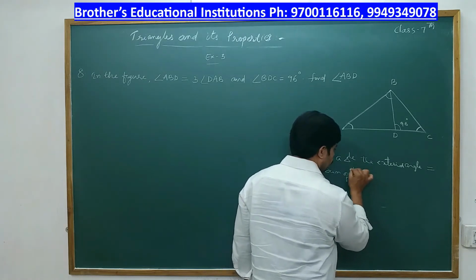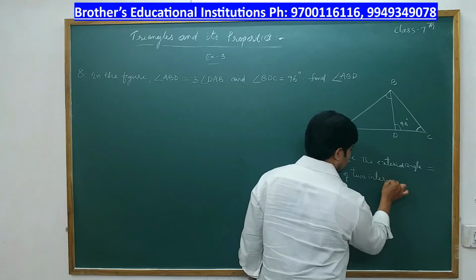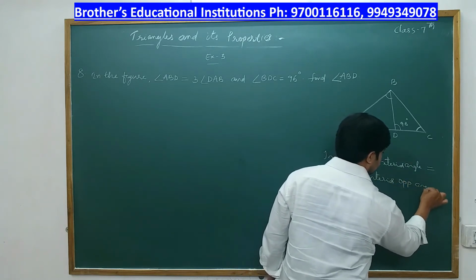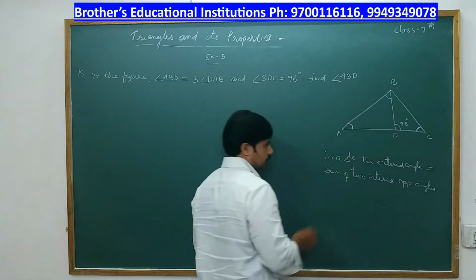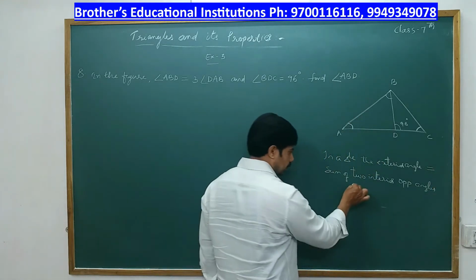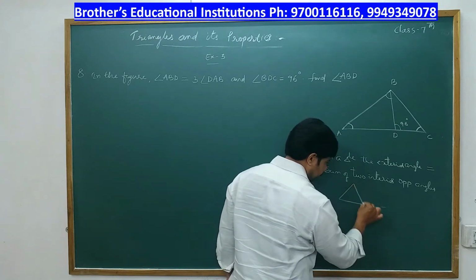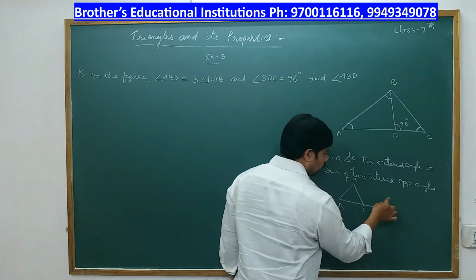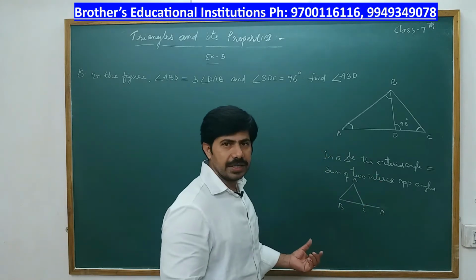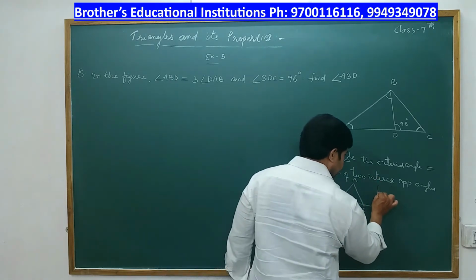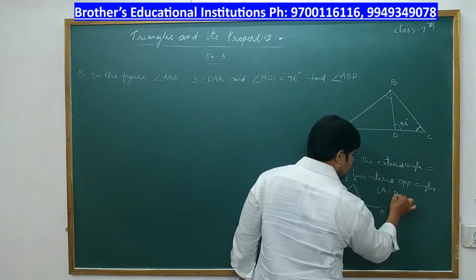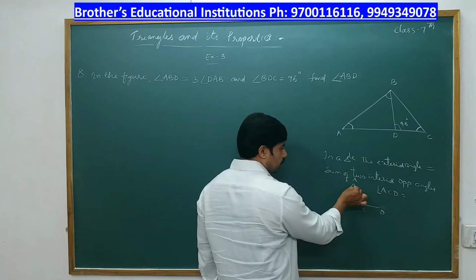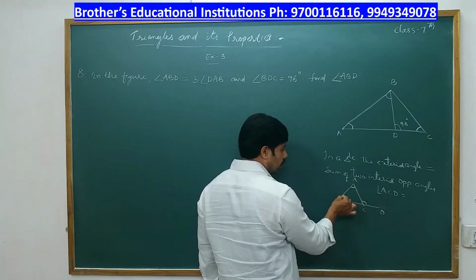Sum of two interior opposite angles. Okay, suppose we draw one triangle, put it as A, B, C and D. Now in this, what is the exterior angle? It is ACD. So ACD is the exterior angle, and it is equal to the sum of interior opposite angles.